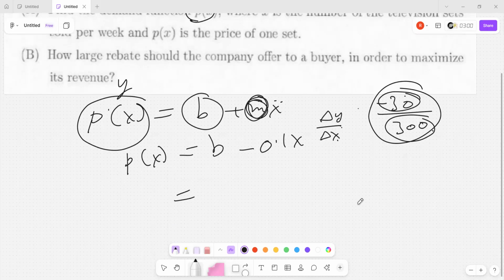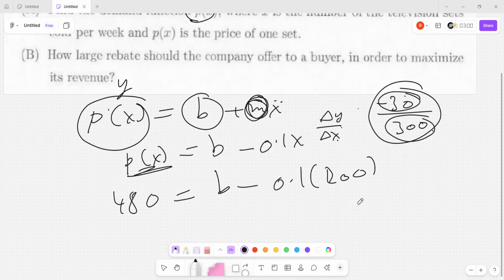So when the price was 480, he sold 1,200 televisions. Okay. So you can solve it and find b. Go ahead. And this is the demand function, or the demanded price function. Okay. This is the formula.